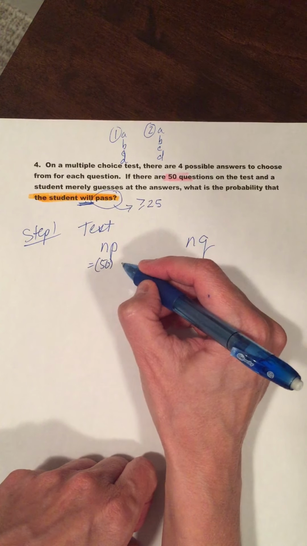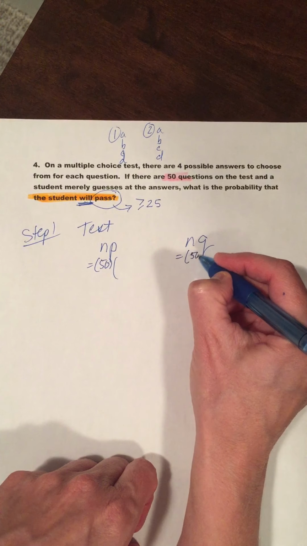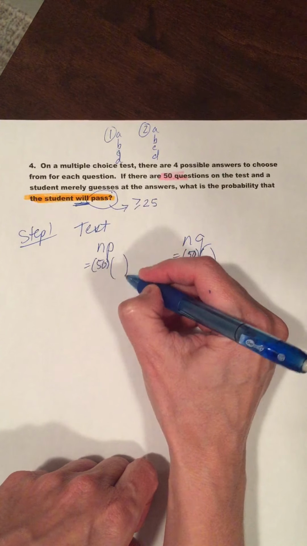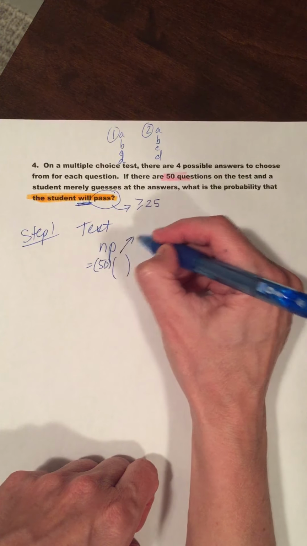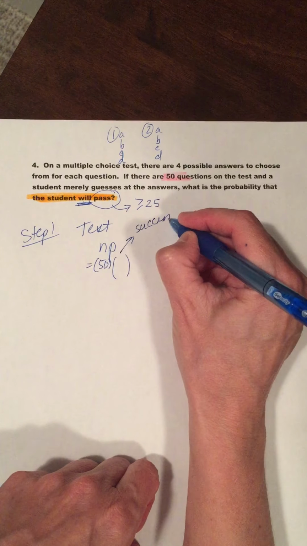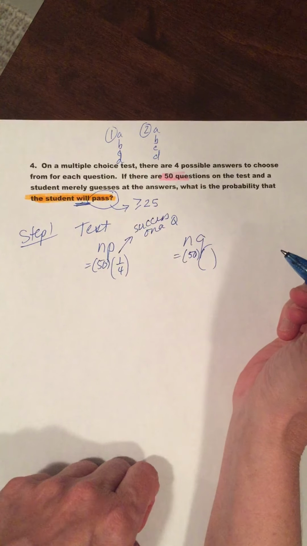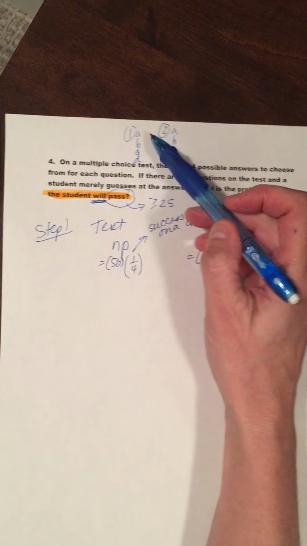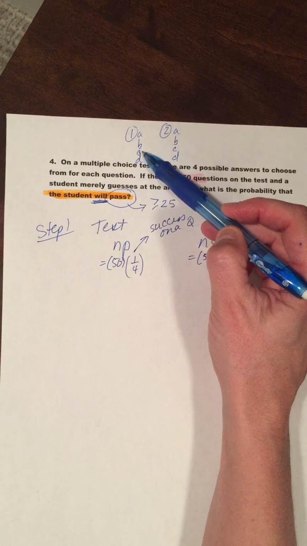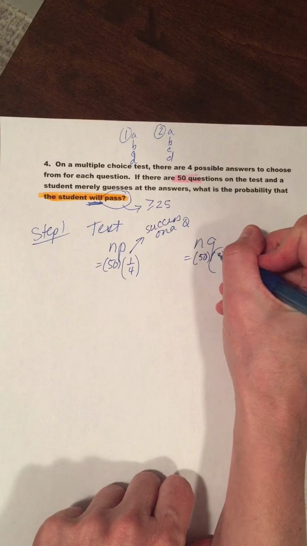So 50 questions on the test. Now, probability of success. That means the probability of success on a question. So that's going to be 1 over 4, because for each question, the probability that they're successful is 1 out of 4 possible answers.